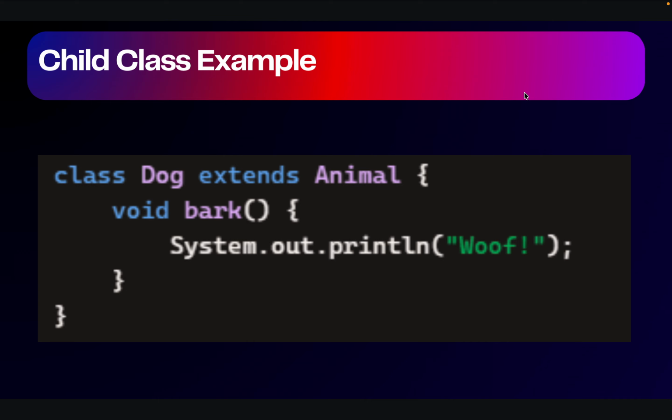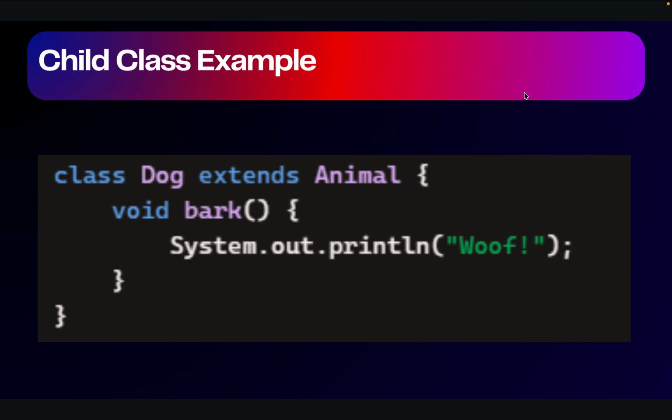Now, when we get to the child class, you see we have that keyword extends. We now have that new class we're creating, which in this case is Dog, and we're saying it's going to extend from the Animal class we just previously saw. Take note, in this case, we do not have the variable name, because technically this class Dog will automatically have a variable called name because it is extending the Animal class.